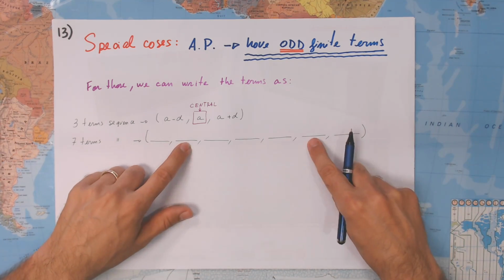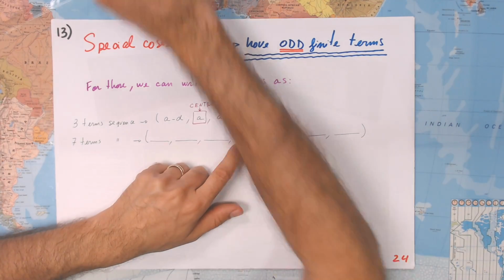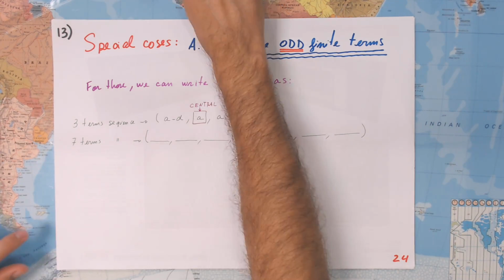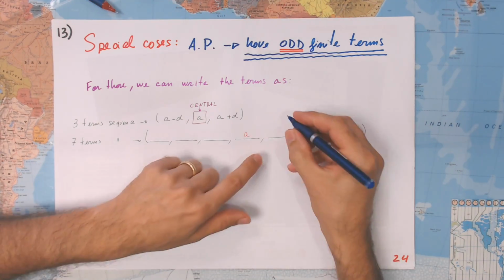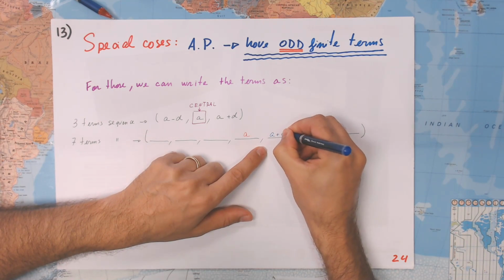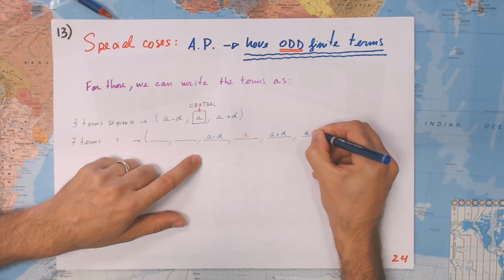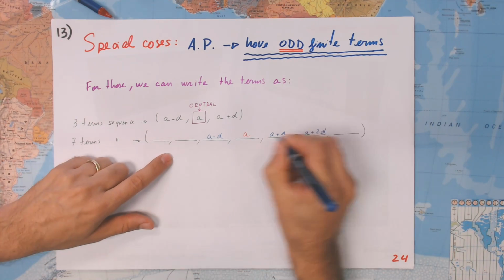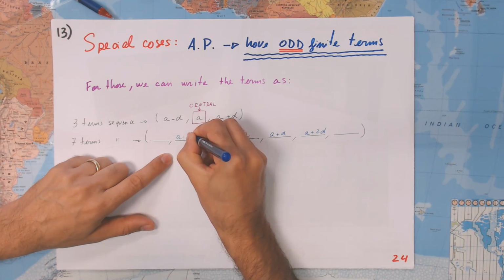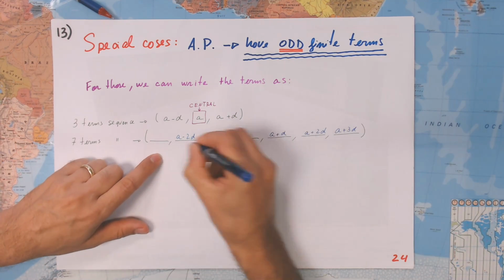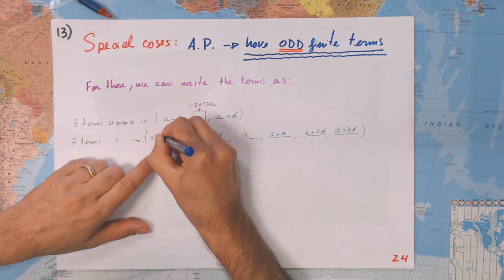This is going to be the middle one, so this is going to be our A. Now you can just write the other ones. This is going to be A plus D, and this is going to be A minus D. A plus 2D, A minus 2D, A plus 3D, A minus 3D.